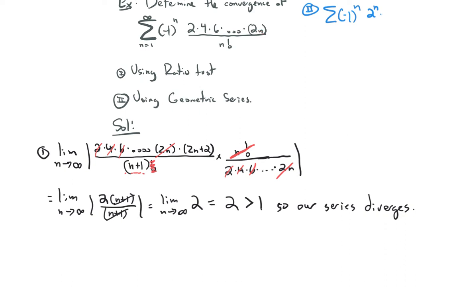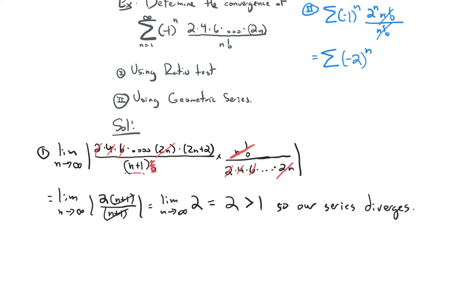And that is n factorial. And that's over n factorial. So they'll cancel, and we're left with the sum of negative 1 to the n times 2 to the n, so we can combine those and make it negative 2 to the n.